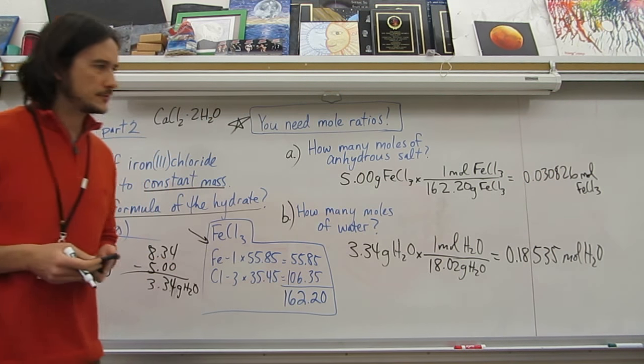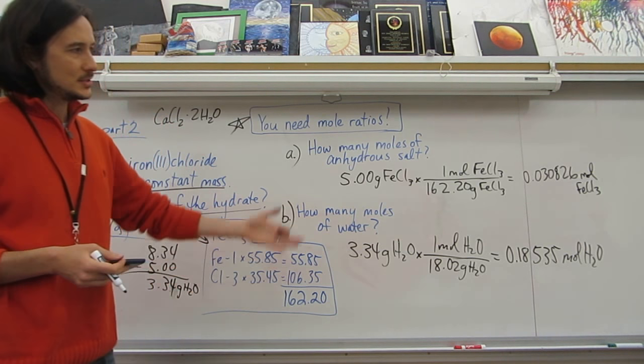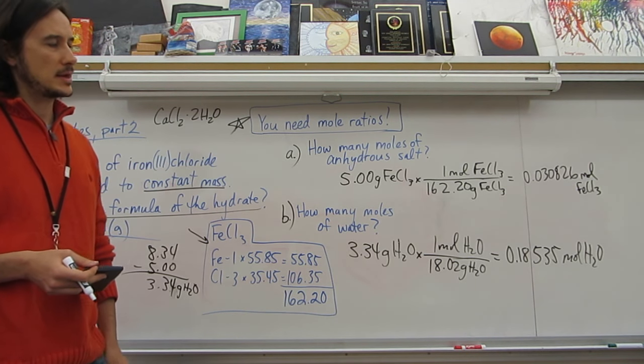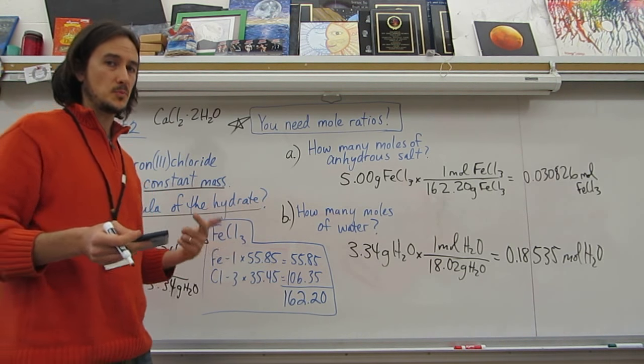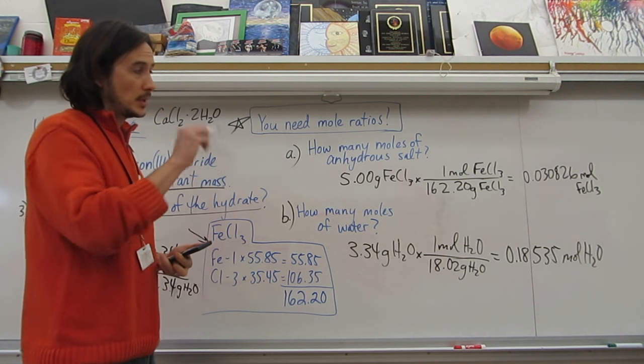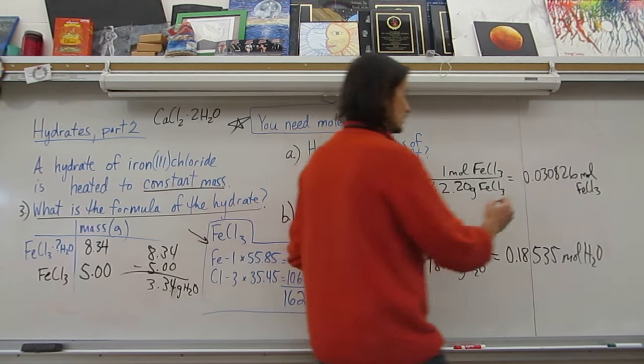Okay, 0.18535 moles of H2O. So now we have a ratio. You can kind of see what it is, 0.03 compared to 0.18. You can pretty well see the ratio. But let's go ahead and divide by the smaller number so we can get some whole numbers.